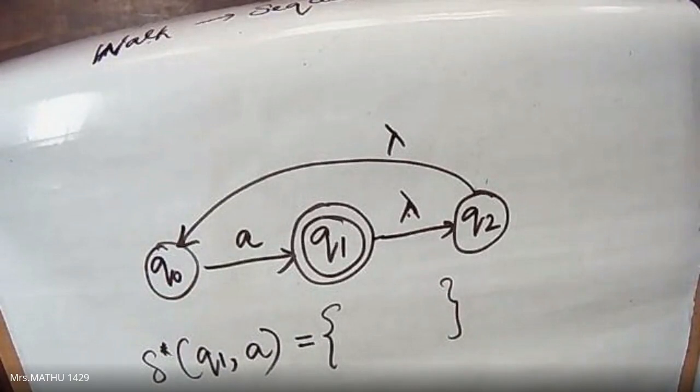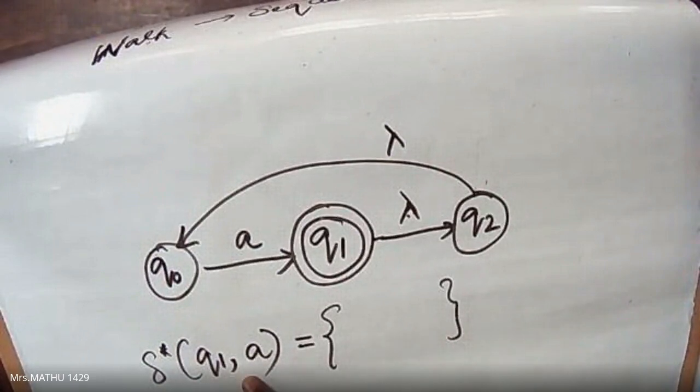As you know very well, in NFA we have the empty transition also. In DFA, from Q1 there will definitely be an outgoing edge for every input symbol in the alphabet, but in NFA that is not the case. There may be an empty move, an empty transition, and so on.